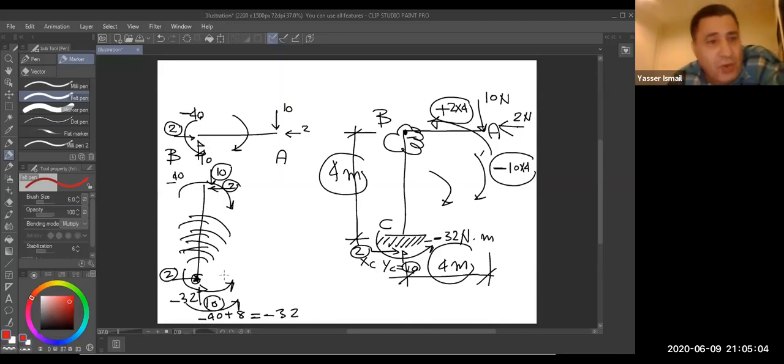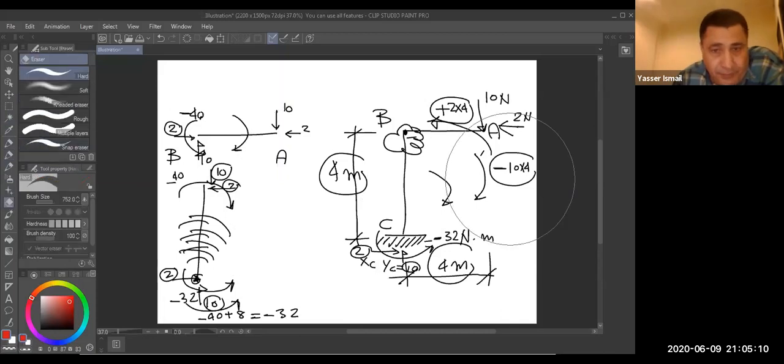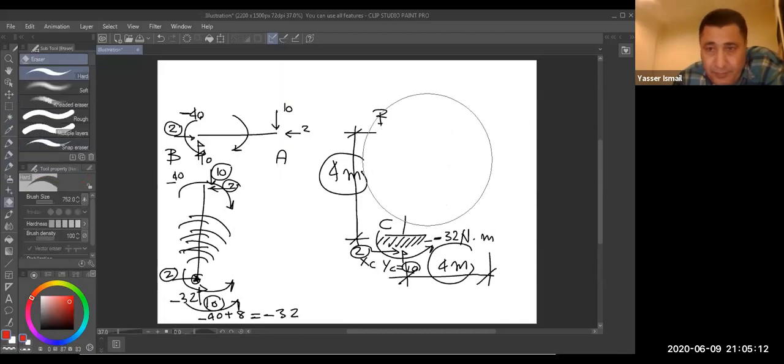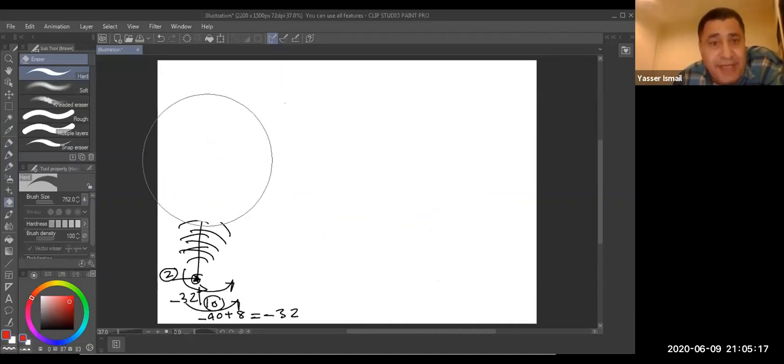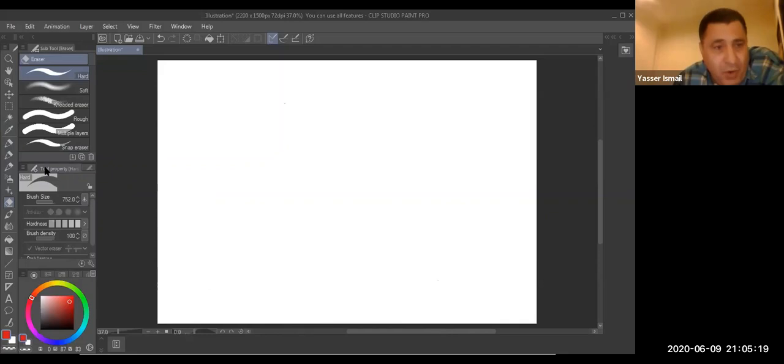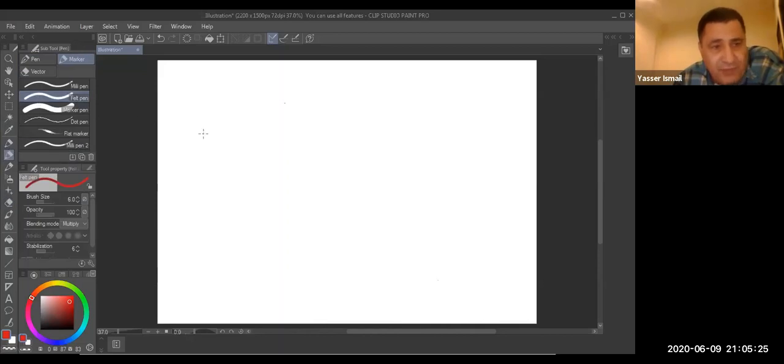Let us go for trusses. In trusses, there is no shear, there is no moment, only internal forces, which are axial forces. We call it axial force.